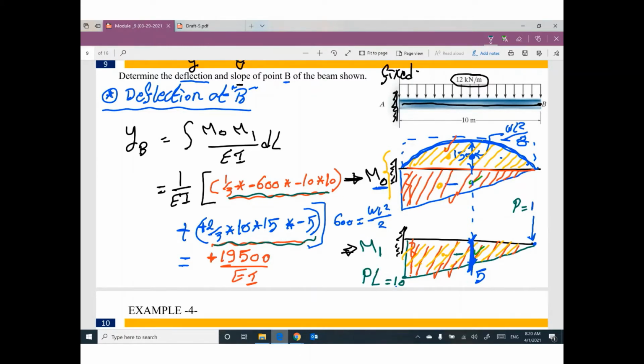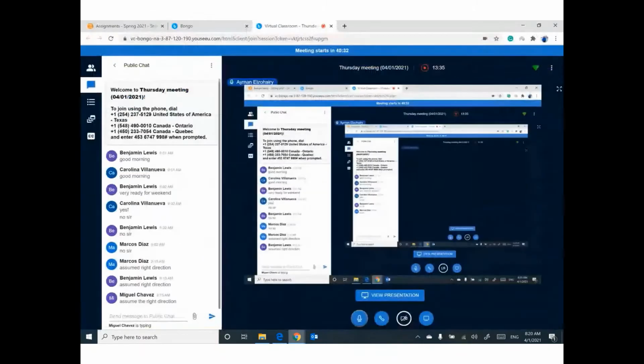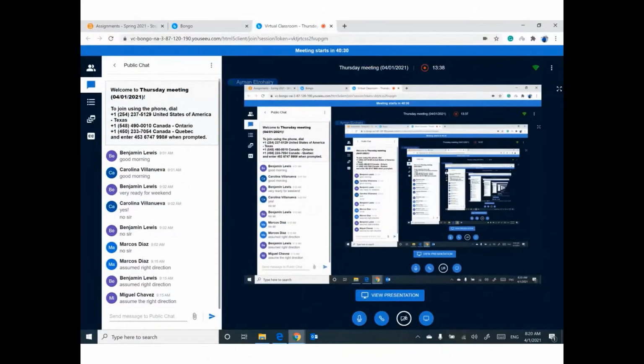Anybody can tell me, this is the question I asked last meeting: what is the meaning of the deflection at B, YB, being positive? Anybody remember what the meaning of positive deflection is in virtual work? Assumed right direction.